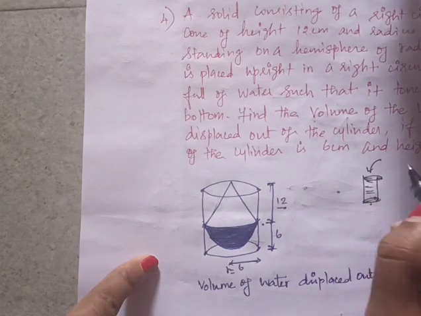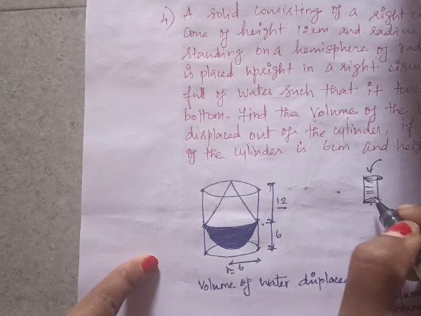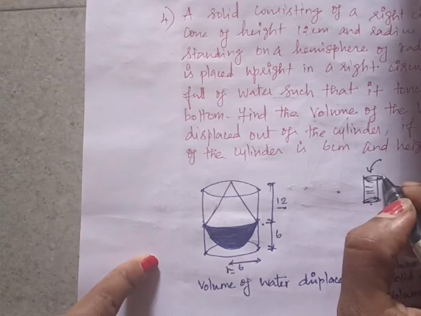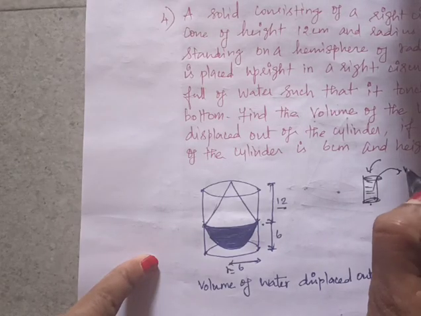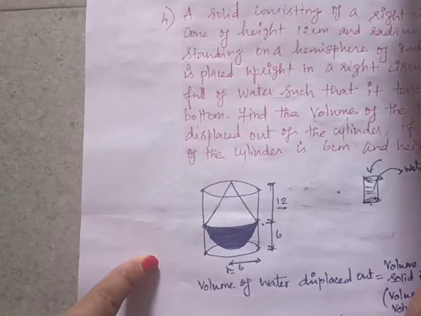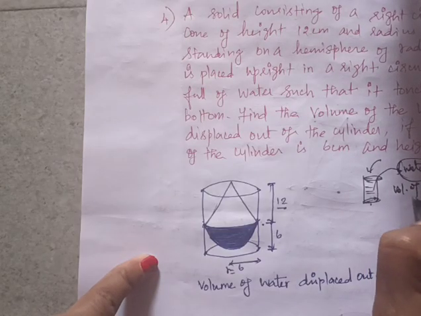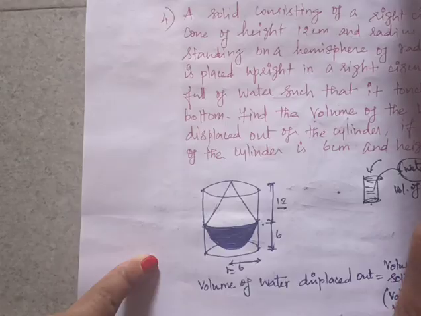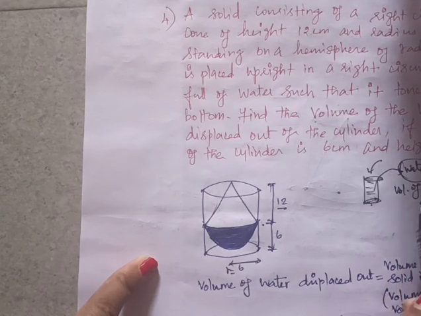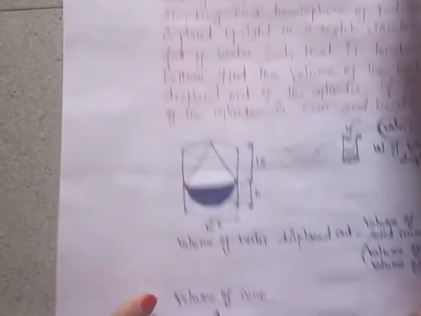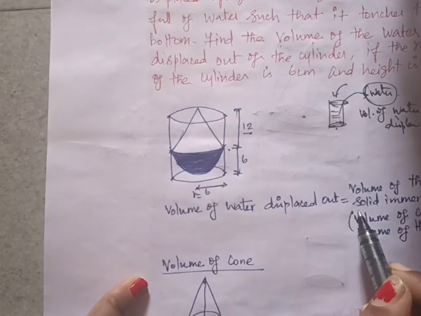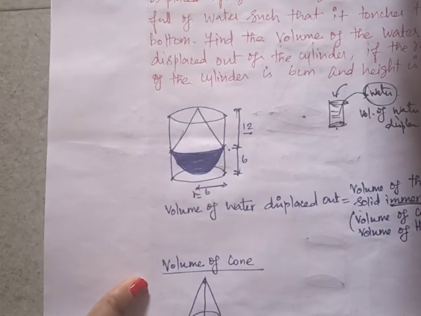When you put any object inside the cylinder, the water comes out. In this question, they are asking the volume of water displaced. The volume of water displaced is nothing but the volume of the solid immersed in it.